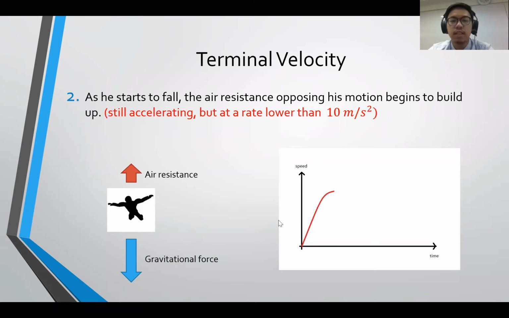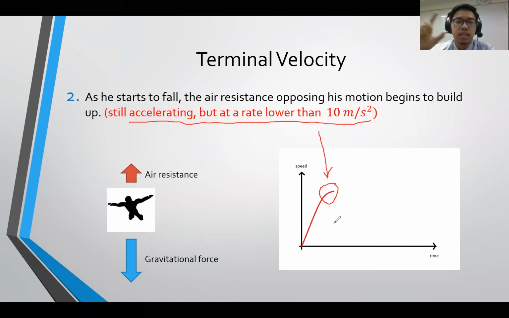Because there is a resistance, your acceleration will start to decrease as well, right? Your acceleration now is no longer 10 meters per second square. It's much lower than that. So on the graph, your speed is still increasing, you are still getting faster and faster, but the increase is getting smaller and smaller, because the acceleration is also getting smaller and smaller.